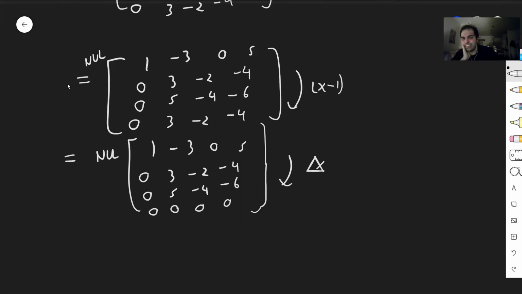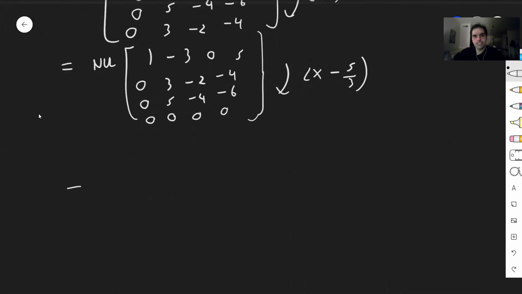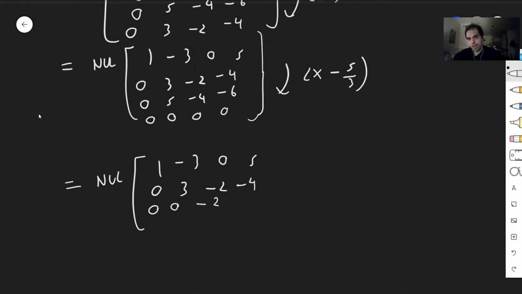So, all right. And then this, I know, unfortunately, we have fractions. So times minus 5/3. And then what we get is null space of 1, minus 3, 0, 5, 0, 3, minus 2, minus 4, 0, 0, minus 2/3, 2/3, 0, 0, 0, 0.